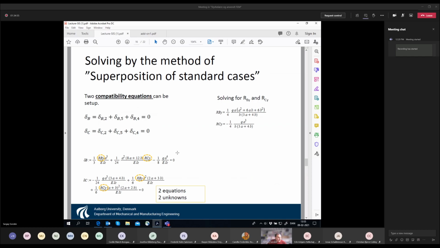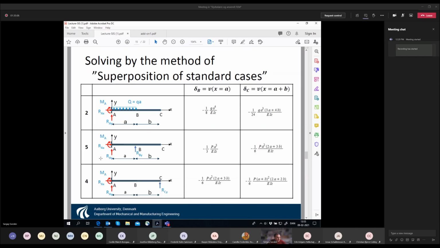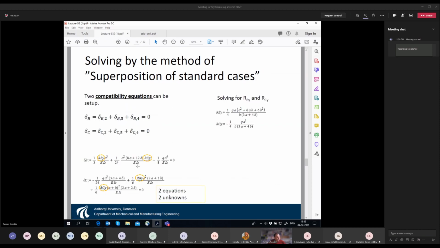And then we just plug these things in, and this is what I tried to explain: now instead of P, here we put this guy, and instead of P here we put this guy. Then we obtain a system of two equations with respect to these two unknowns, RBY and RCY.